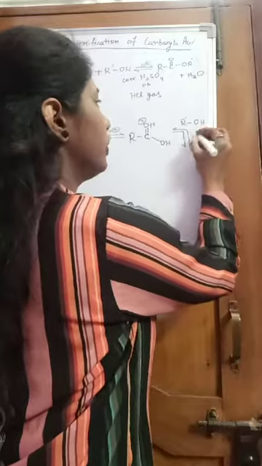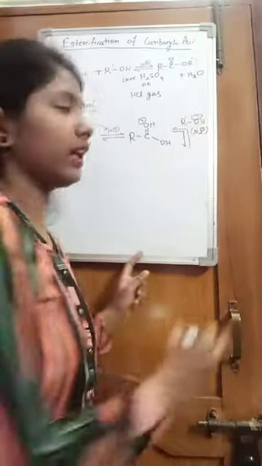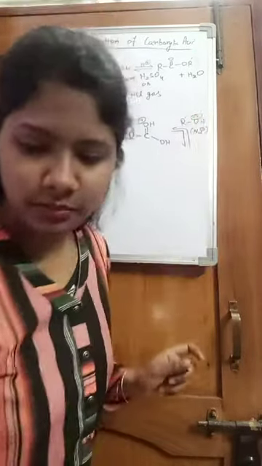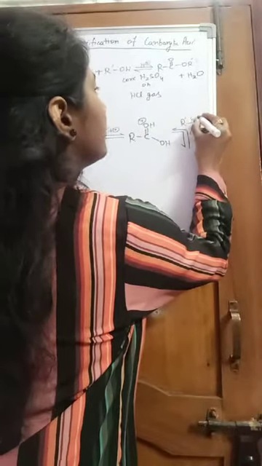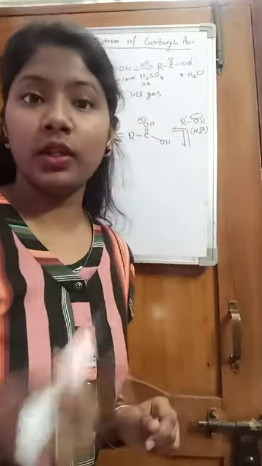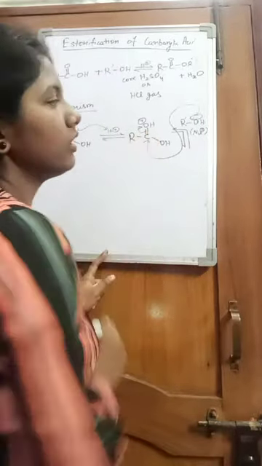Here our alcohol is acting as a nucleophile. We already know that oxygen has two lone pairs. Since protonation is helping the alcohol attack the carbonyl carbon very easily, this lone pair goes and attacks the carbonyl carbon, and the bond gets transferred to the oxygen.